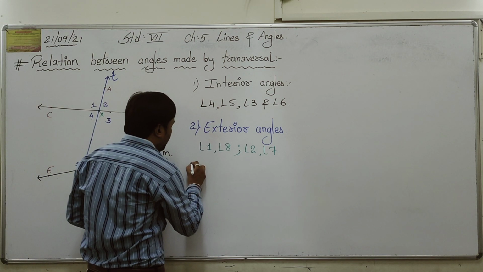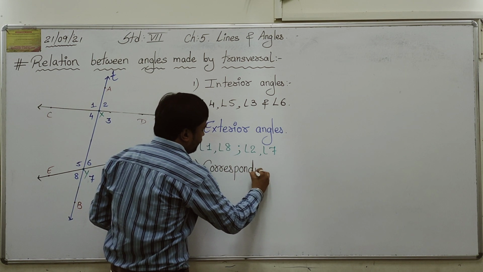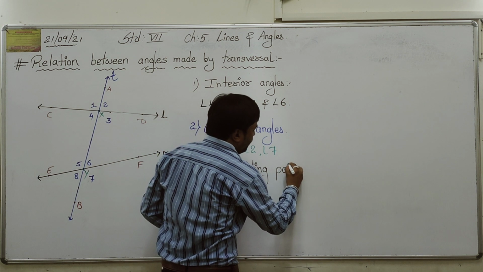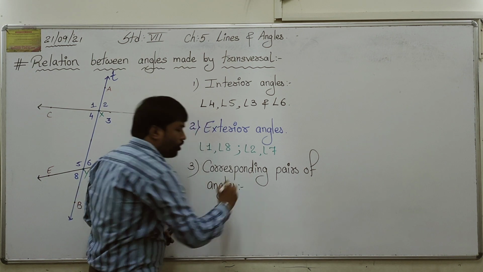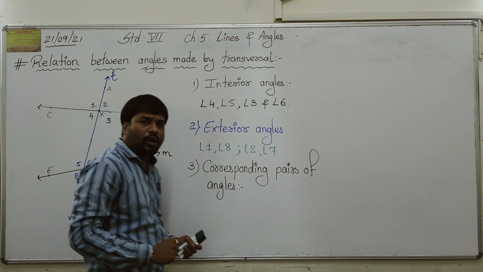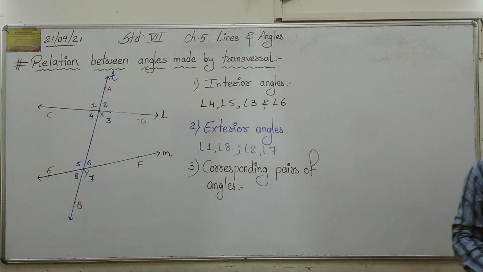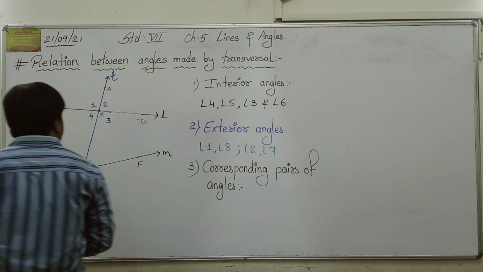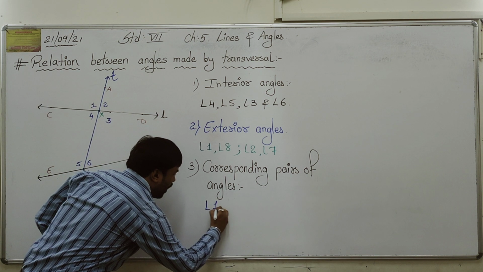Now the one that will mostly keep repeating is corresponding pairs of angles. Since it says pair, it will come as a couple. Right? What does a frog do? A frog jumps. For this type of example we have to become a frog. So proceeding with one side of the transversal, let us write angle 1.